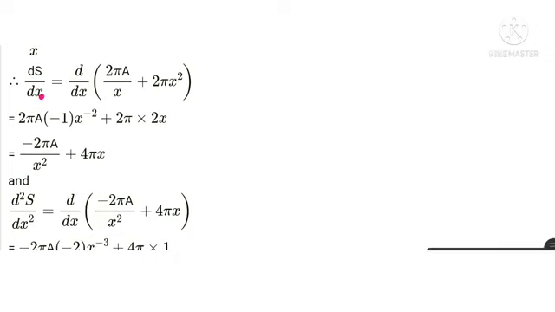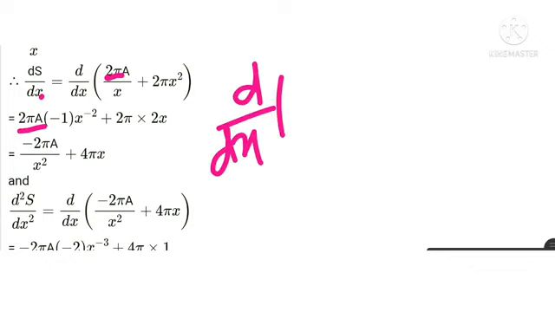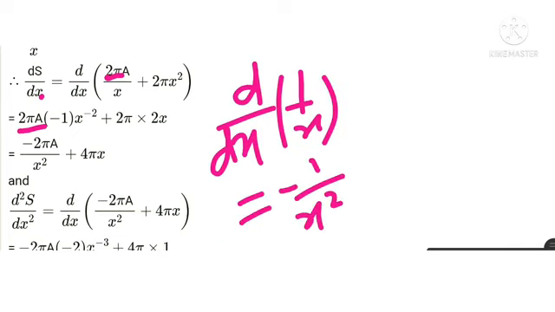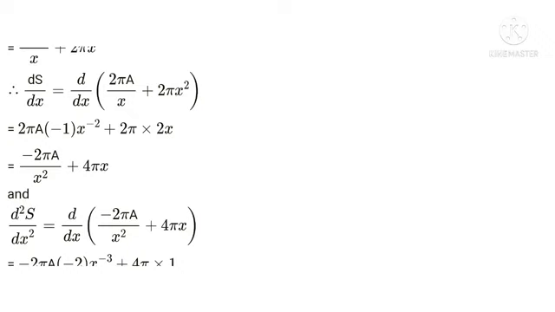Here 2 pi A, constant term as it is, derivative of 1 upon x is minus 1 upon x square, or you write minus 1 into x raised to minus 2. 2 pi as it is, derivative of x square is 2x. So we get minus 2 pi A upon x square plus 4 pi x.